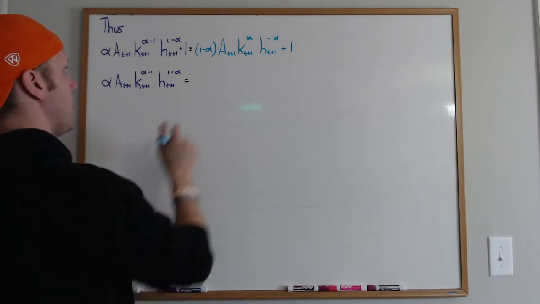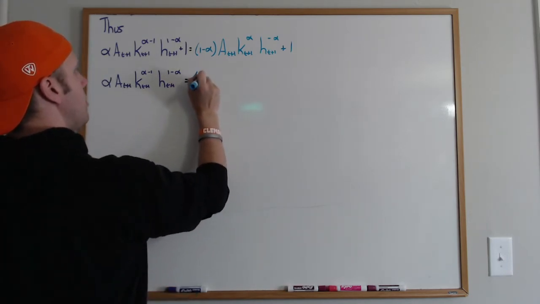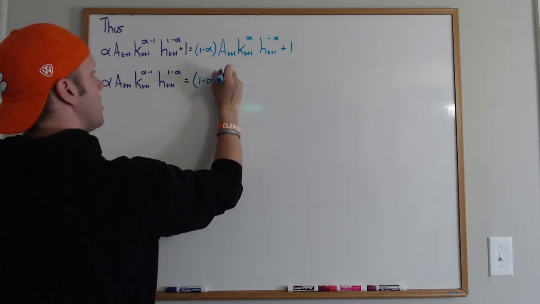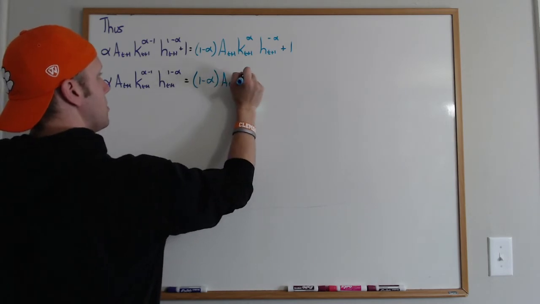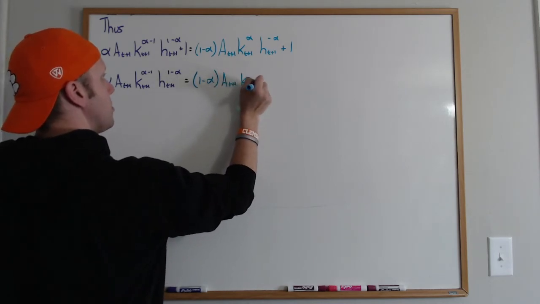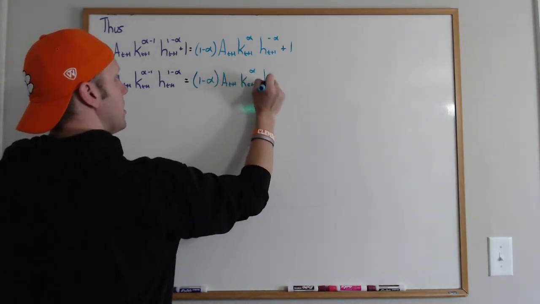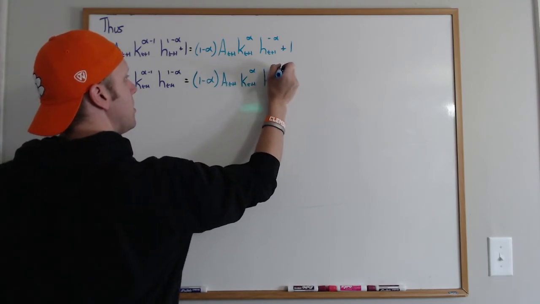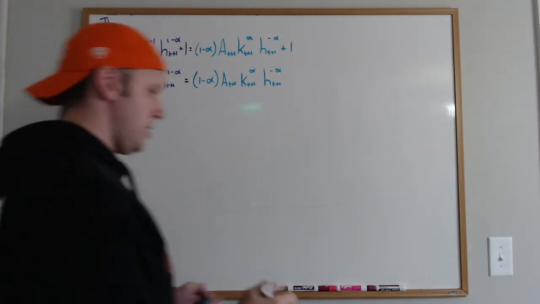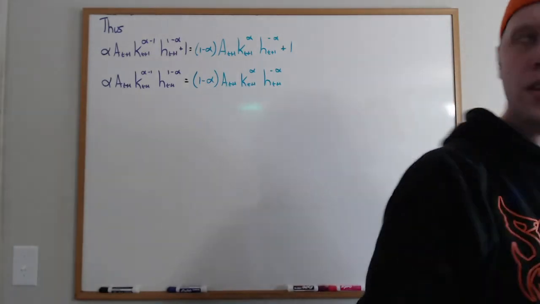my marginal product of human capital, 1 minus alpha times AT plus 1 times KT plus 1 to the alpha times HT plus 1 to the minus alpha. All right, so that gives me this right here.